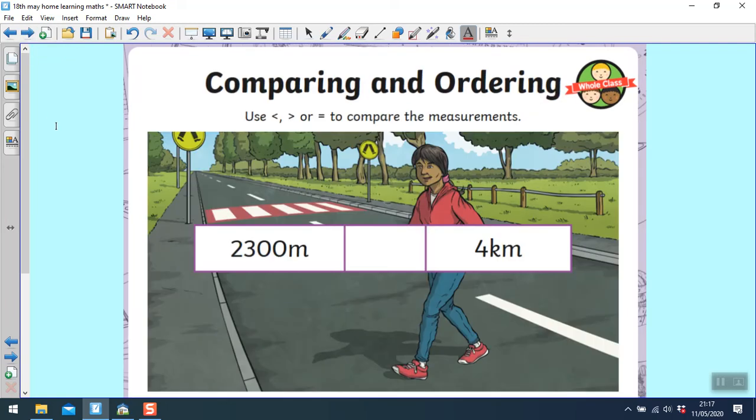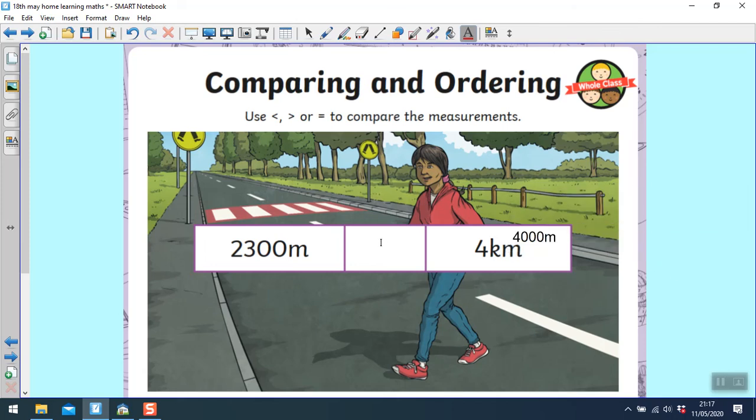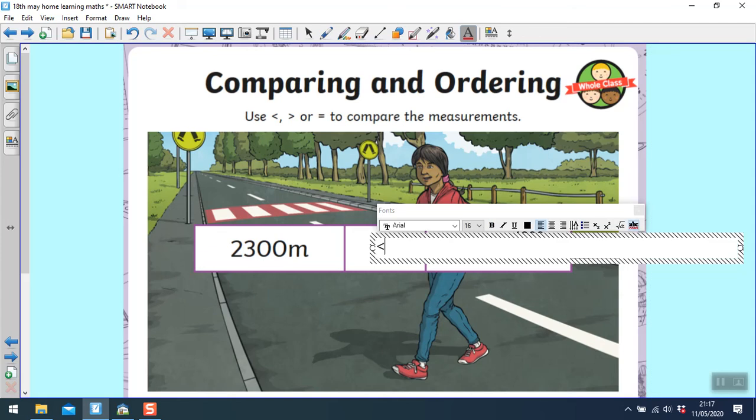Now we need to use the right symbol to compare these measurements. 2,300 metres, 4 kilometres. Let's turn them into the same unit of measurement. 4 kilometres is the same as 4,000 metres. So this one is the bigger number. My crocodile is going to eat the biggest number.